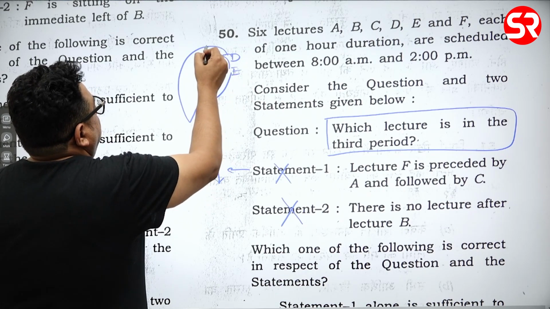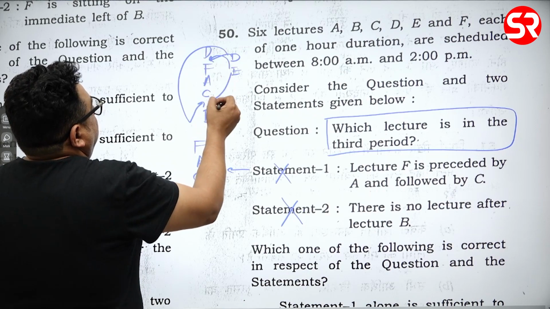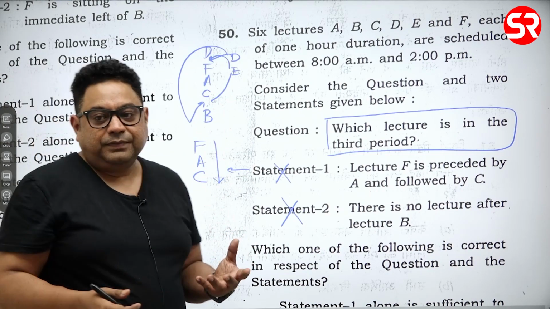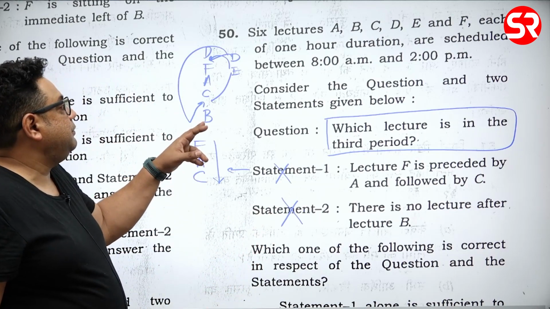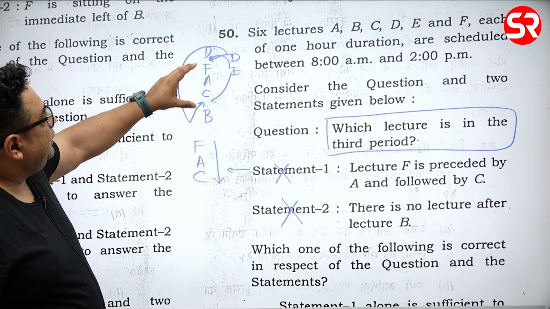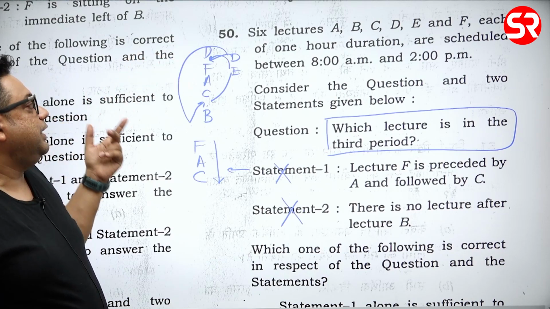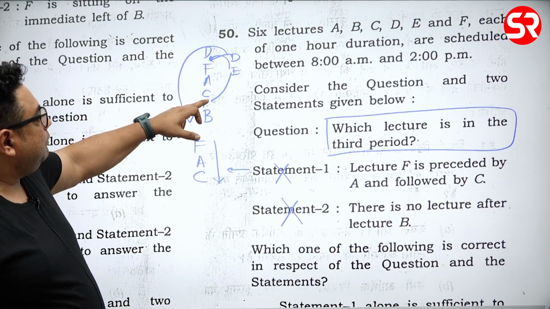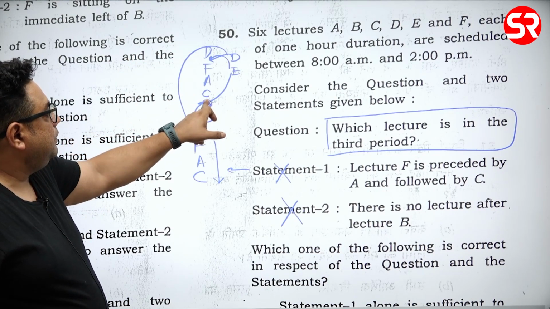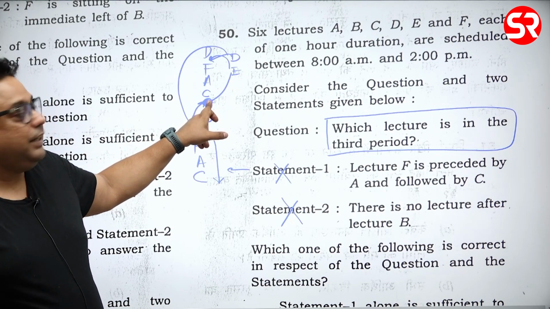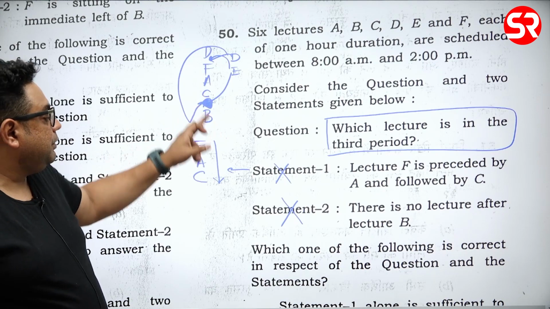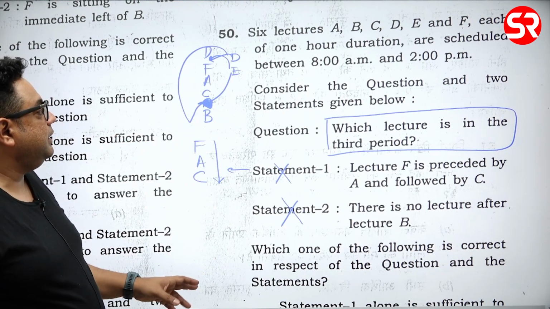Or maybe D and E are over here, or both D and E are over here. So we cannot say the position. Most of you think that, sir, this B is fixed, so F, A, C preceded, so D and E, then F is the 3rd lecture. But D and E can come over here also, this position also. B is the last lecture, isn't it? Or any one of D and E can come over here. So you cannot answer by mixing them as well.